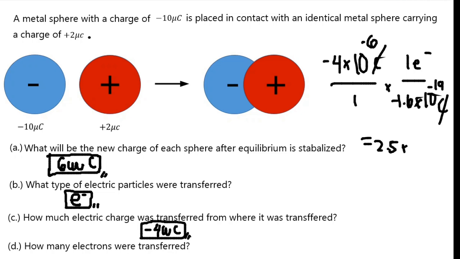Using the conversion process, this is our final answer. How many electrons were transferred? It is negative 2.5 times 10 raised to the 13th electrons. Okay, so that is it for this problem. I hope you learned something in this video. Now you know what electric charge is.